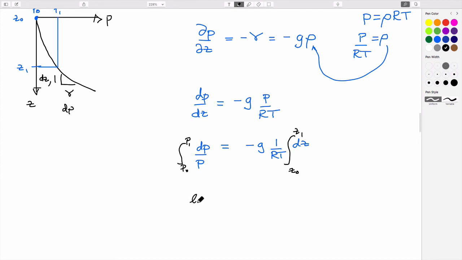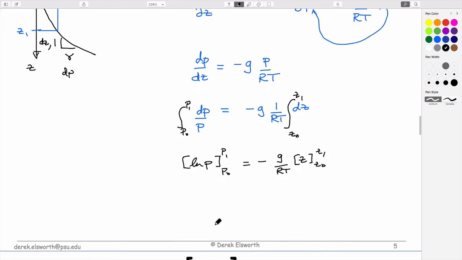We get log P evaluated between those two locations of P0 and P1, and we get minus G over RT evaluated between Z0 and Z1. If we exponentiate that, then we know that e to the log x is just equal to x.